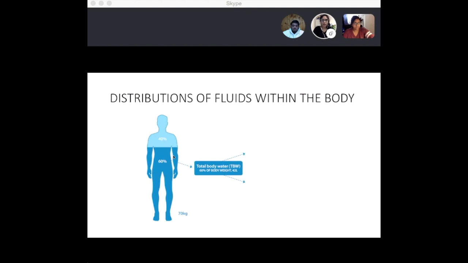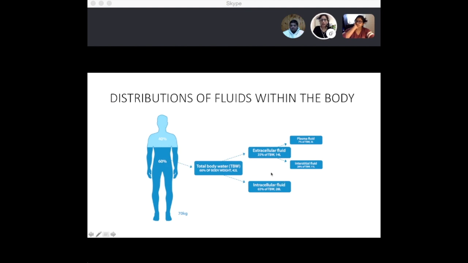And then when we break down total body water, we have intracellular fluid, which would be 65% of the total body, or 28 liters of water. And then extracellular fluid would be 35% of the total body water, or 14 liters.